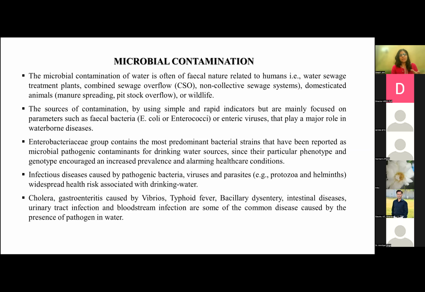So this is the limit: if we take a 100 ml sample, not even one E. coli organism should be there. It should be absolutely free. Or treated water entering the distribution system, it must not be detectable in any 100 ml sample.